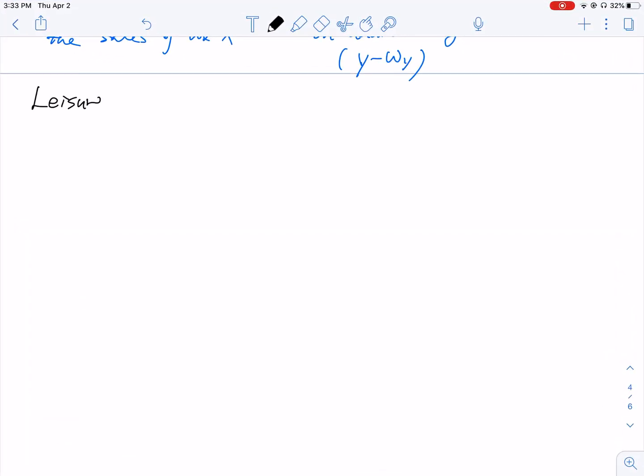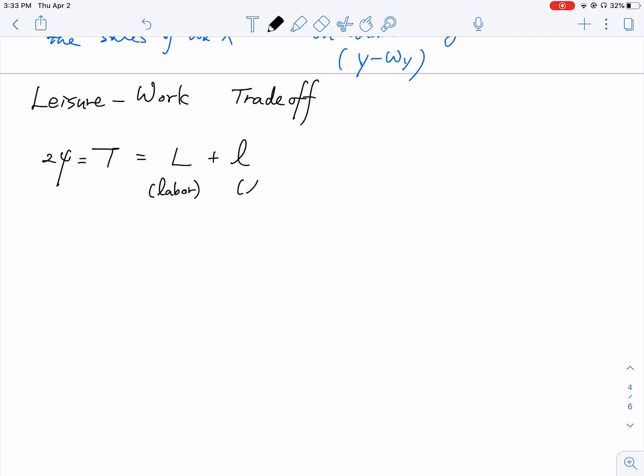So you have a total of 24 hours, for example, and you're dividing it into work or leisure. So this stands for labor, and this stands for leisure.